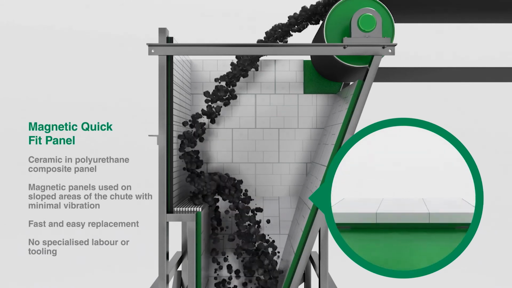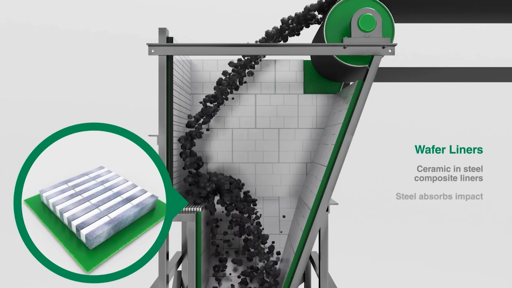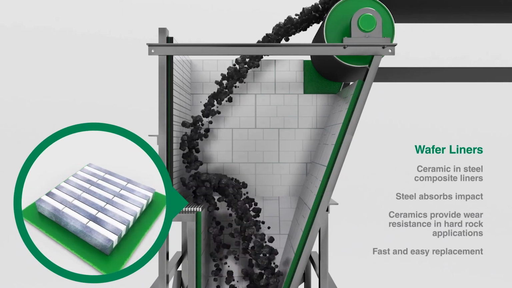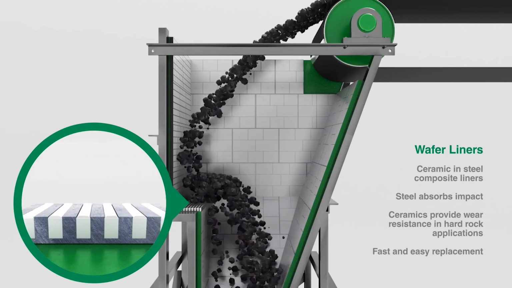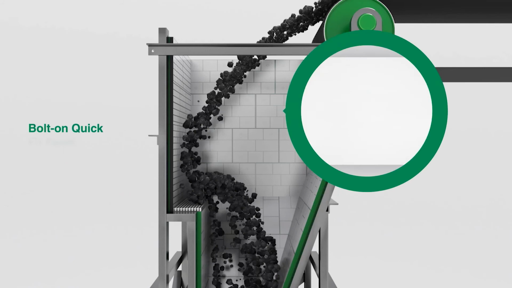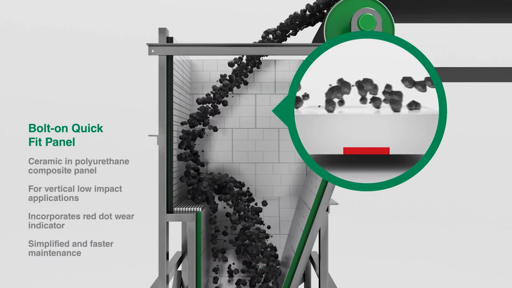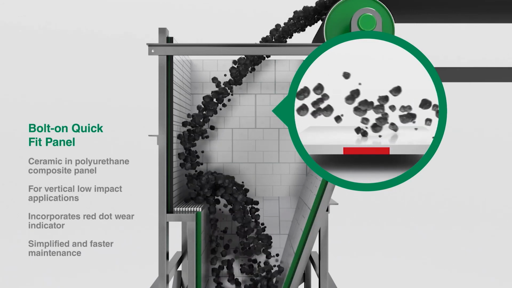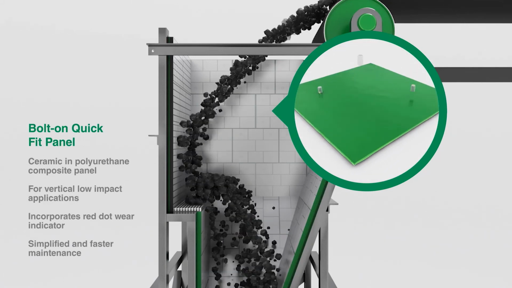Like I said, you have the panels that are showing. These panels can come as magnetic panels, meaning you just clamp them. You can also have the ones that are studded, where when you are installing them, you have to bolt them up, which are called bolt-on quick fit panels.